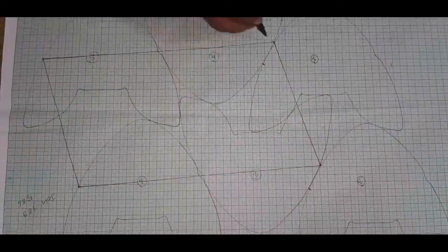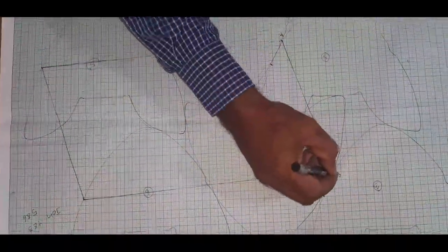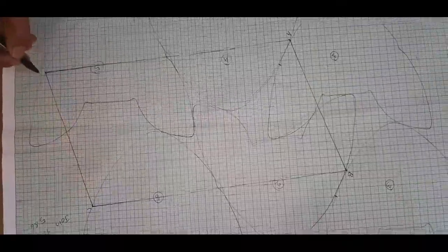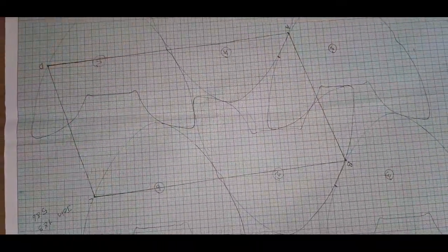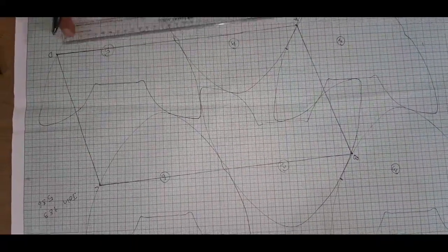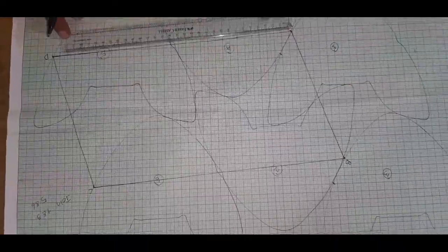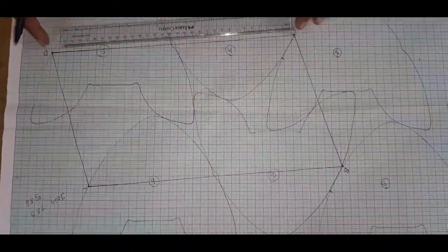Now you mark the A, B, C. Now here the parallelogram is there. You have to mark the perpendicular line from the baseline. Now I have taken this baseline, A and D is the baseline.